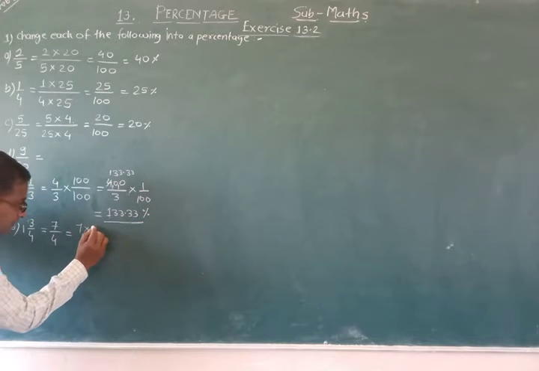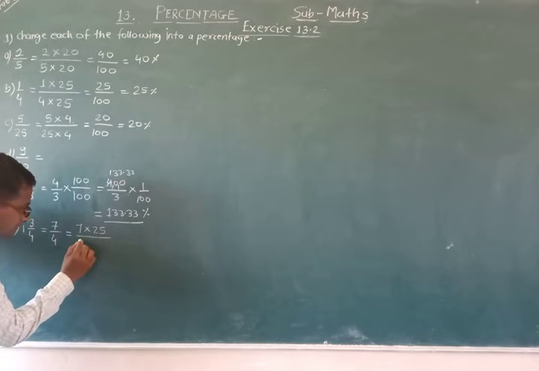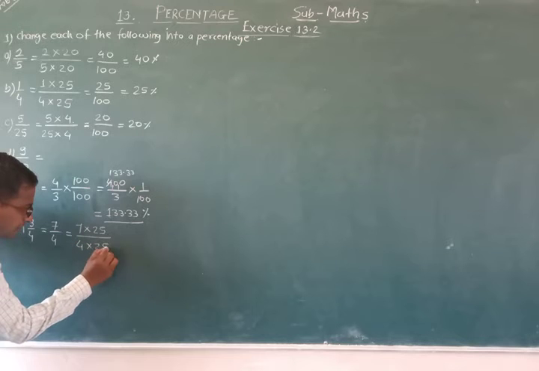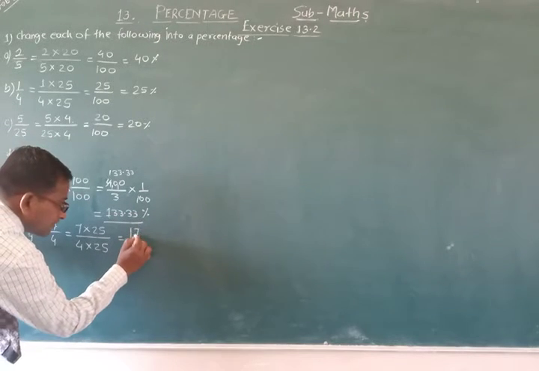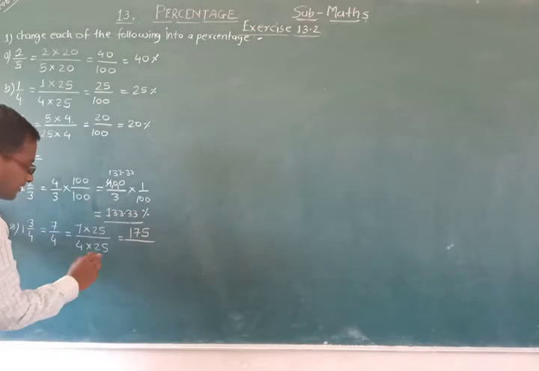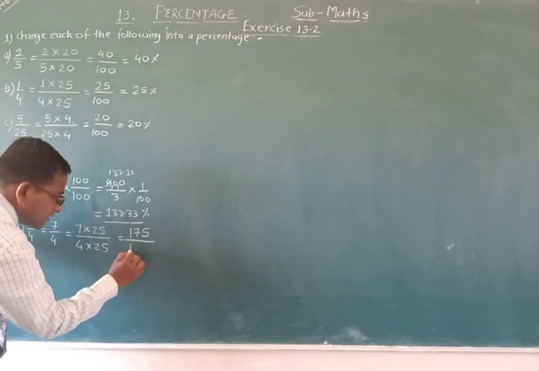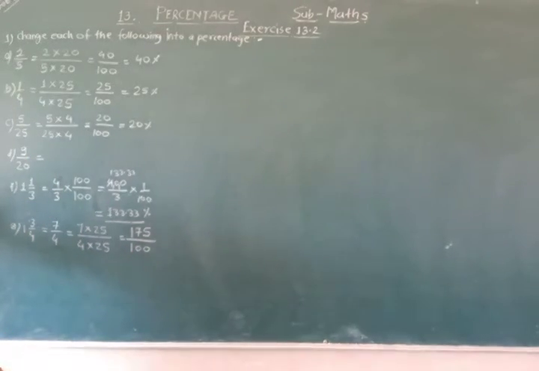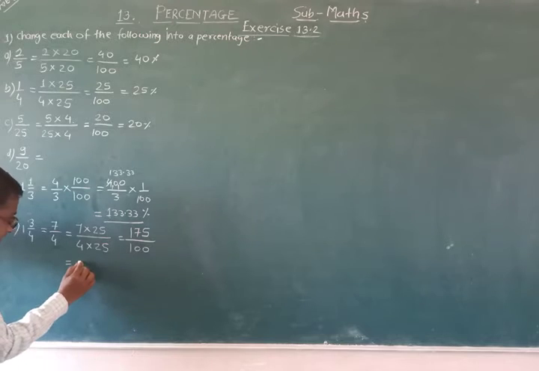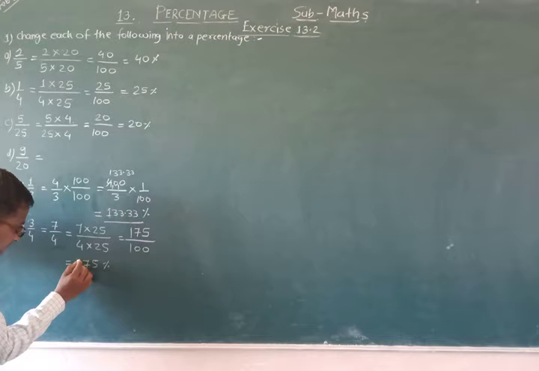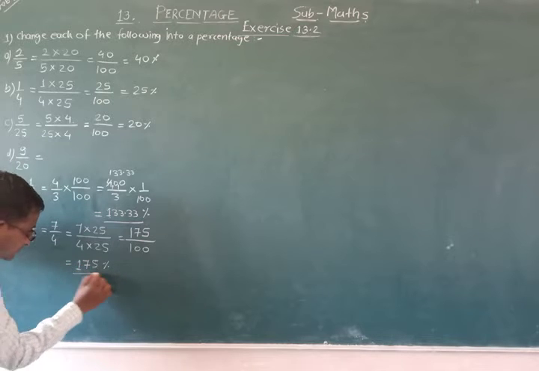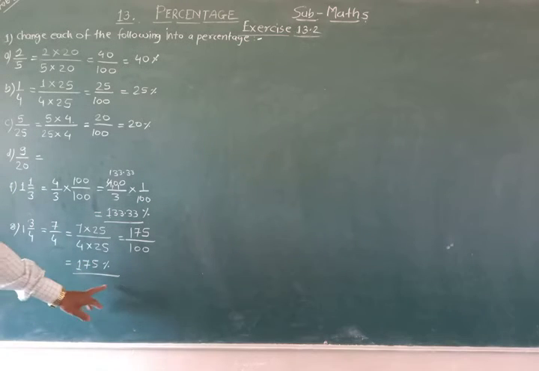So 7 multiplied by 25 upon 4 multiplied by 25. 25 7s are 175, 25 4s are 100. So your answer is 175 percentage.